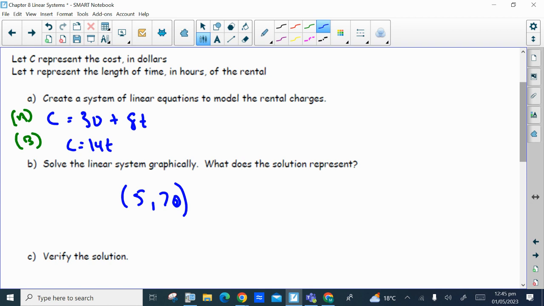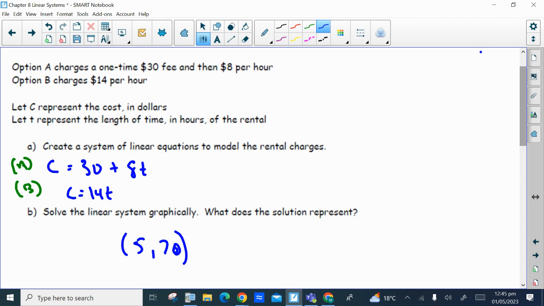So, this is not in terms of x and y. Our equations are not in terms of x and y. But remember, the first number in the ordered pair is your independent value. Normally that's x, but it is the independent value. It is the variable that's in the equation. In this case, that represents t, the time in hours. The second number is your dependent variable.